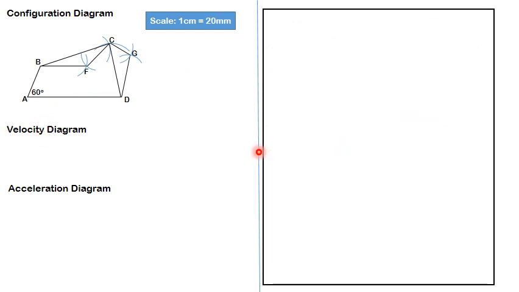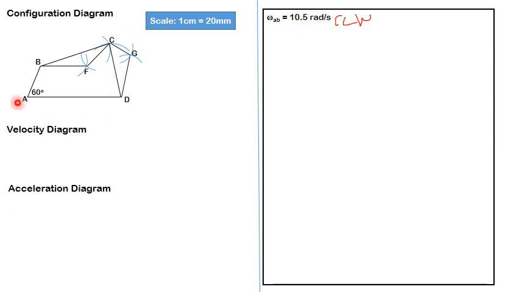For the velocity diagram, I already know the angular velocity of link AB. The angular velocity of link AB is 10.5 radians per second. One more thing which has been mentioned is that it is acting in counterclockwise direction.